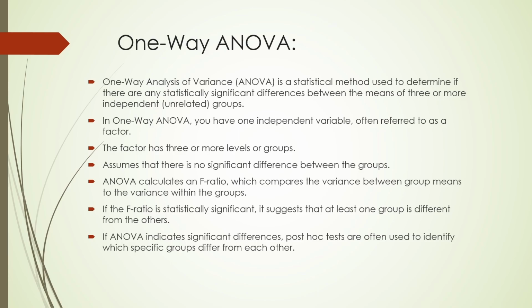ANOVA calculates an F ratio, which compares the variance between group means to the variance within the groups. If the F ratio is statistically significant, it suggests that at least one group is different from another. If ANOVA indicates a significant difference, post hoc tests are often used to identify which specific groups differ from each other.